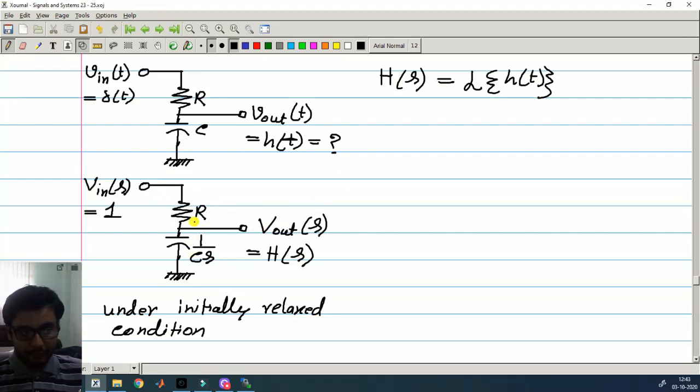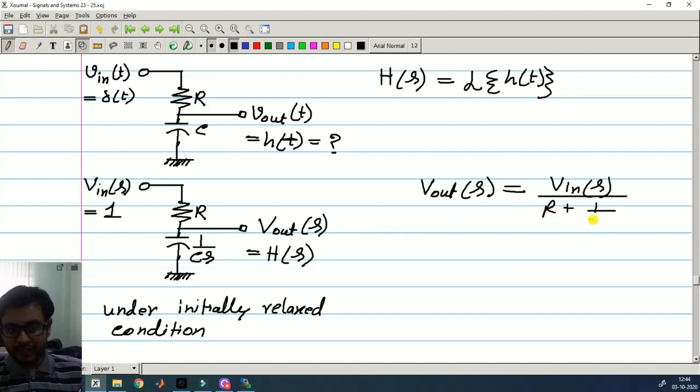So we will apply the potential divider rule here. So V out S will be equal to V in S divided by the total impedance R plus 1 by Cs, multiplied with 1 over Cs.